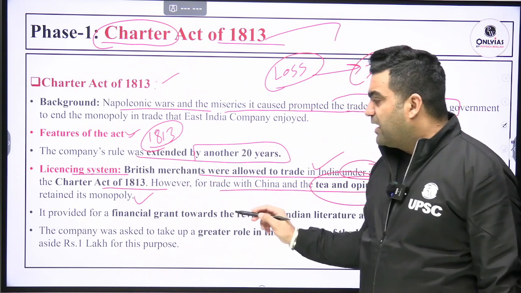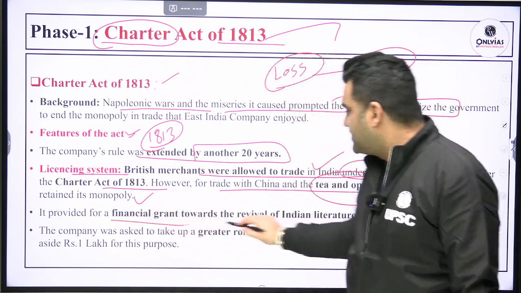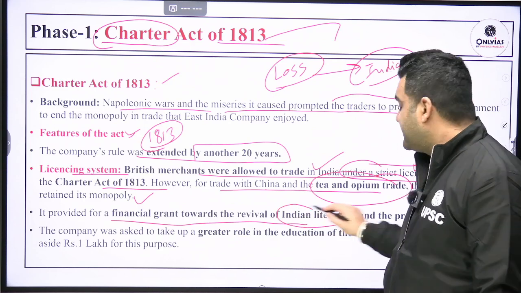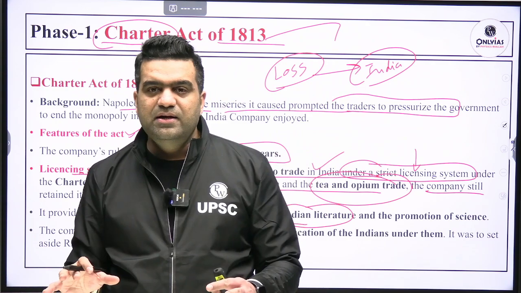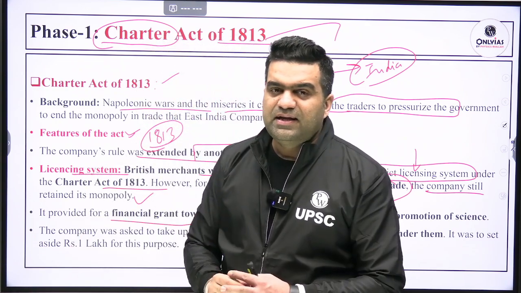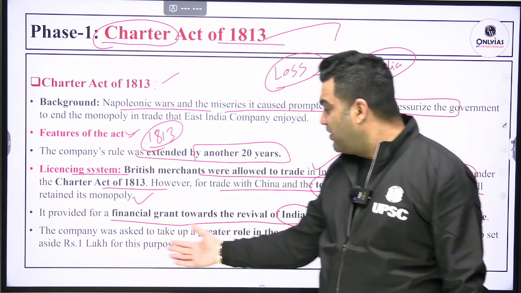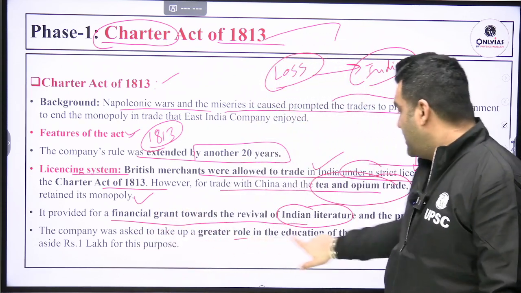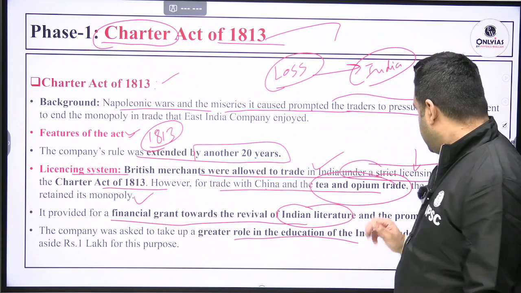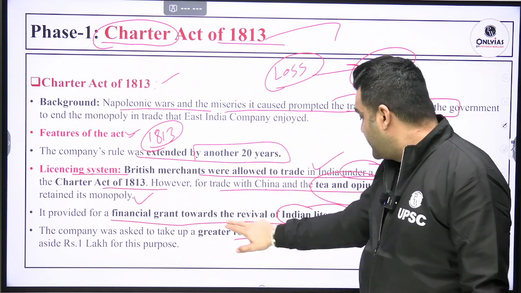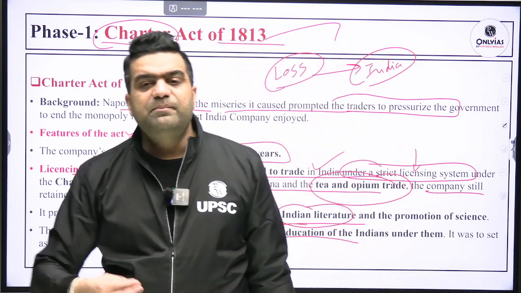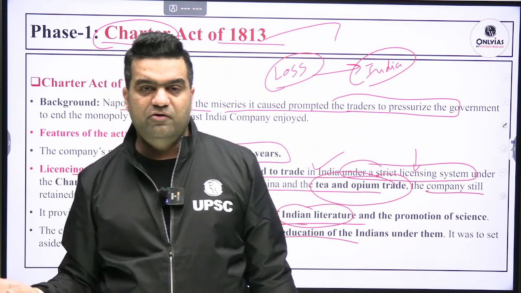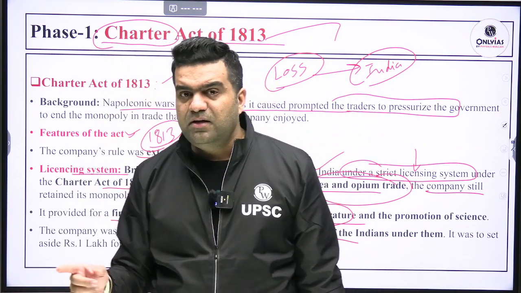Now, this act provided for a financial grant towards the revival of Indian literature. Whenever they introduced something extortionary to loot Indians, they tried to act benevolent. Now they would give 1 lakh rupees for education of Indians. Then they are saying that Indian literature would be revived. This is just like giving peanuts, appeasement of Indians. But in return, what are they doing?